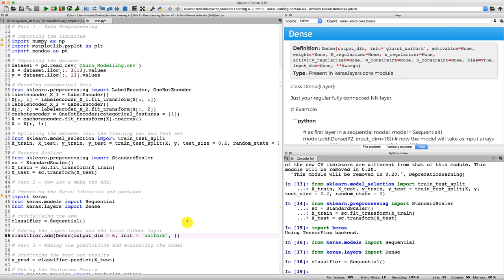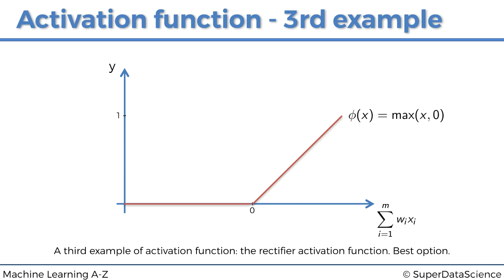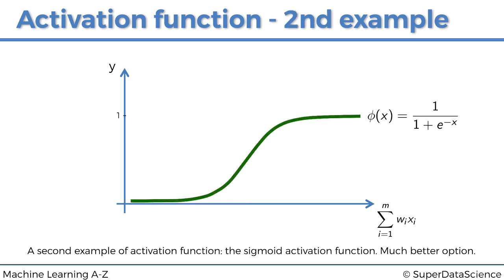Great. Now comma to input the third argument, which is the activation argument, of course the activation function we want to choose in our hidden layer. As I just explained, we're going to choose the rectifier activation function for the hidden layers and the sigmoid activation function for the output layer.